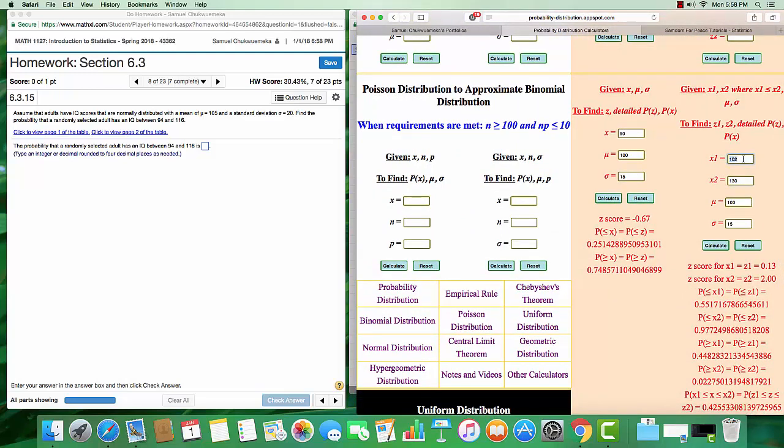I put 94 here, and 116. Those are the lower boundary and upper boundary of the IQ scores. The mean is 105 and the standard deviation is 20. And you press calculate.